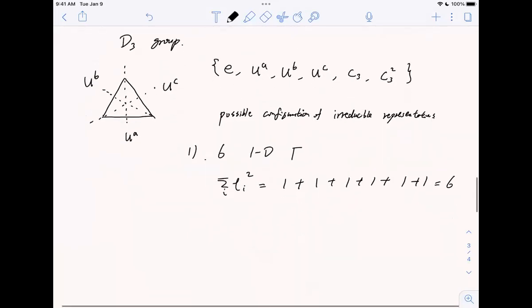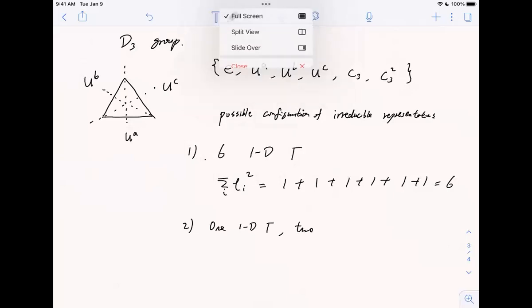The second one is you assume one of them is 2 dimensional. So once you assume one of them is 2D, then it is 1, 1D, 1, 1D, and then the other must be 2.